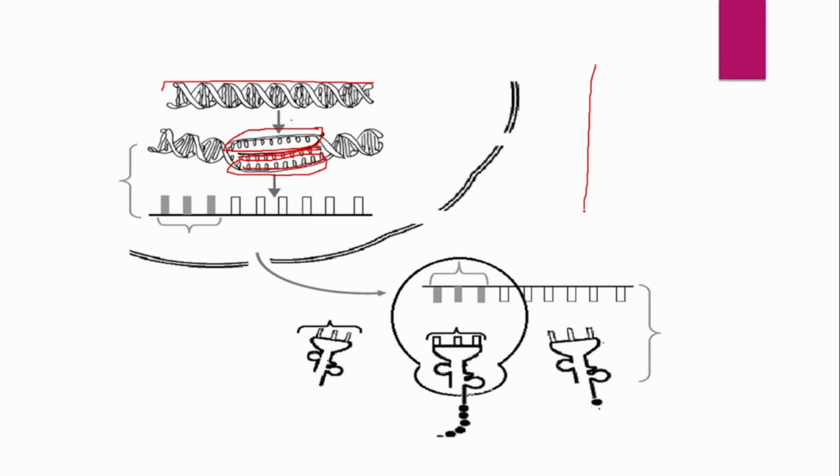Let's summarize it here. Our DNA is going to split, and if the strand which acts as the template for forming messenger RNA has the nitrogenous bases adenine, thymine and cytosine, the messenger RNA will be formed with the complements.